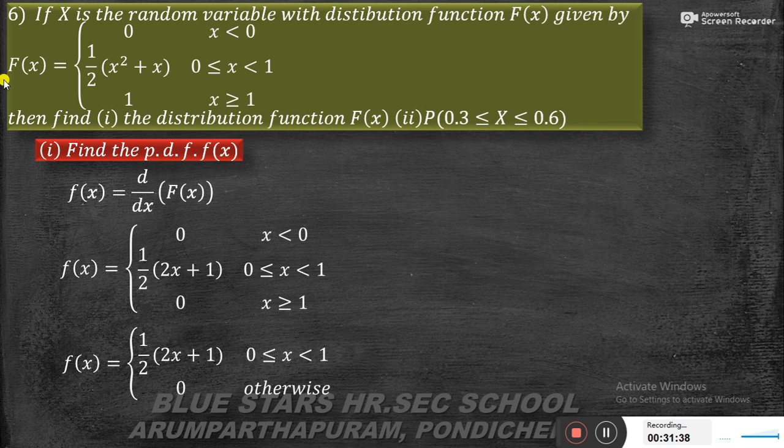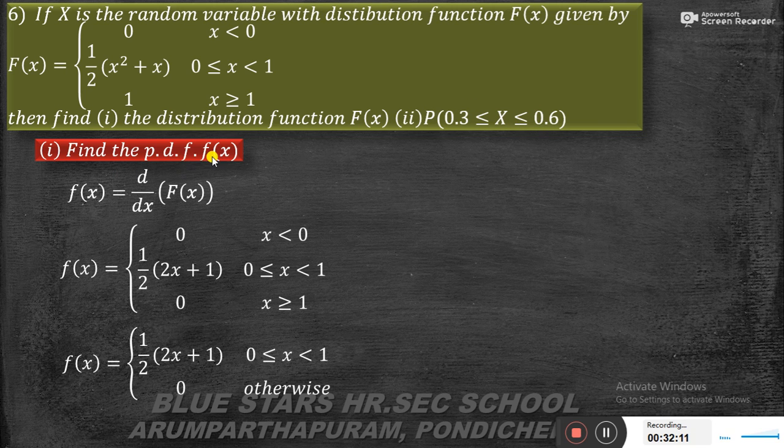So here x is the random variable with the distribution function capital F of x equal to 0 for minus infinity less than x less than 0, 1 by 2 x square plus x for 0 less than or equal to x less than 1, and 1 for 1 less than or equal to x less than infinity.